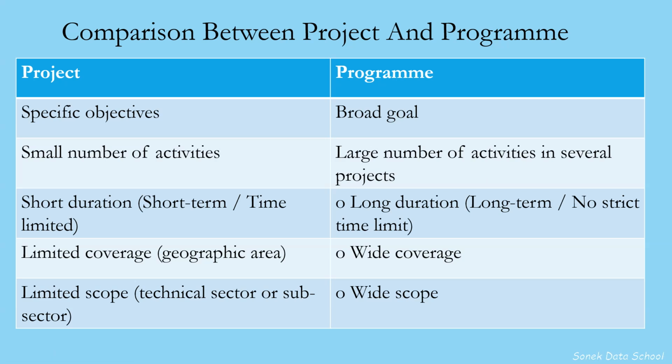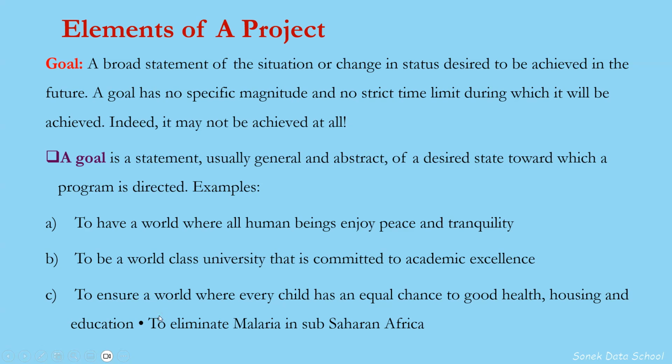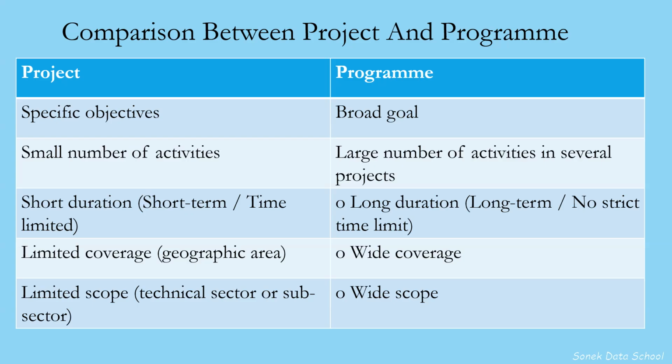A project's scope, or technical sector or subsector, is limited, meaning the scope defines the breadth, how wide the area of operation of a project is. On the other hand, a program has a wider scope.